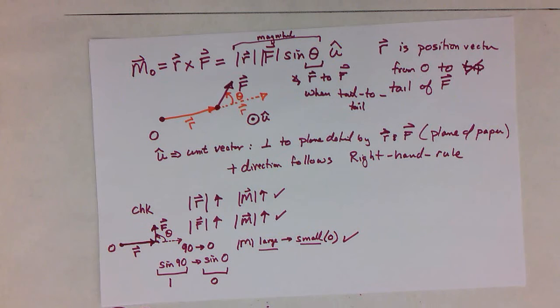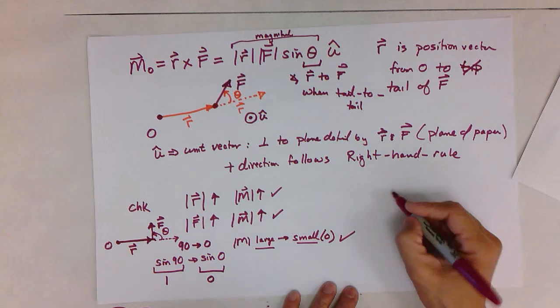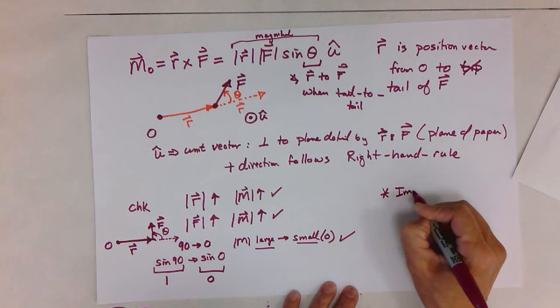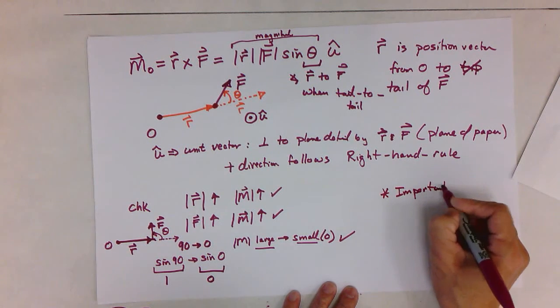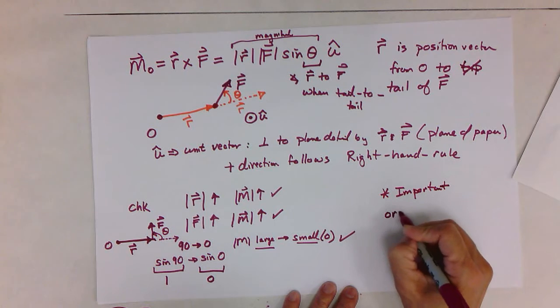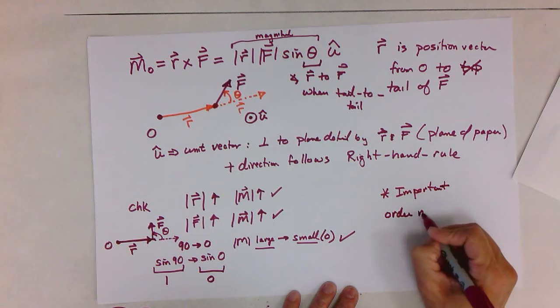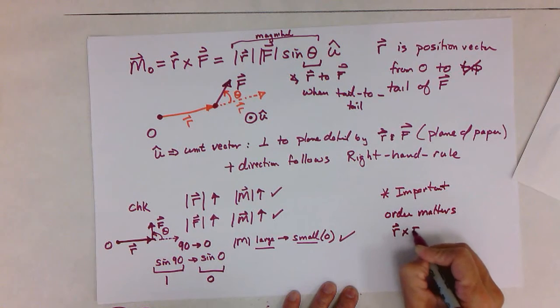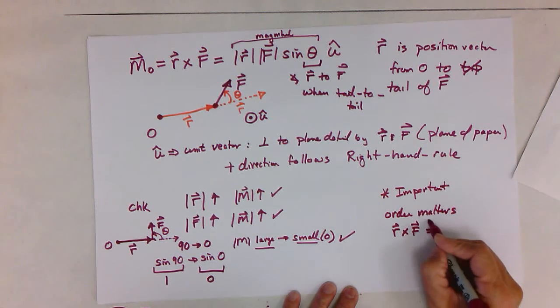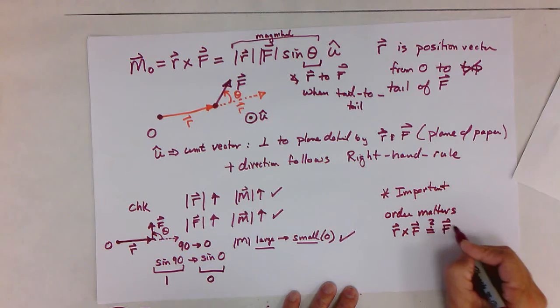All right, so with that, last point that's important here is, keep in mind, as we said for vectors, order matters. Right? Cross product order matters. So R cross F, is that equal to F cross R?